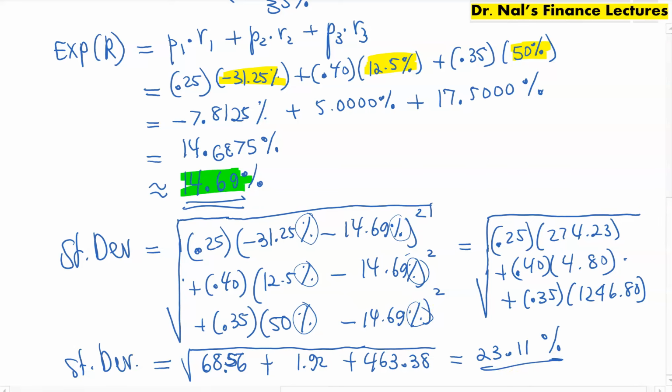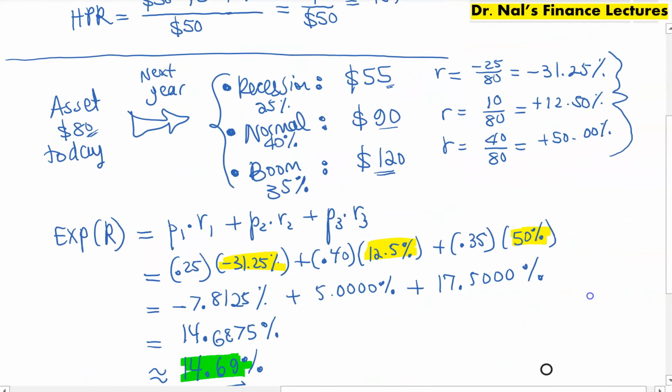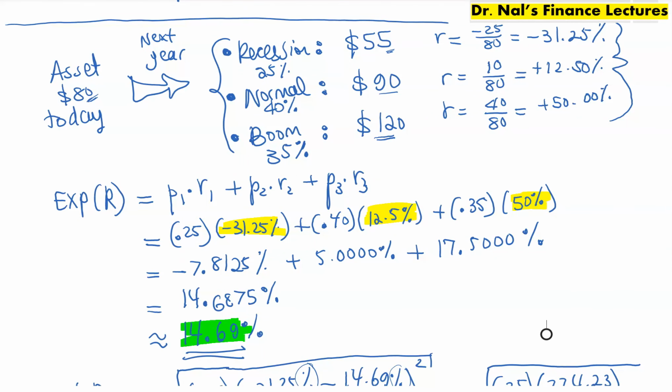So that's it. This investment has an expected return of 14.69% and a standard deviation of 23.11%. The investment we are talking about is the one that we described earlier.